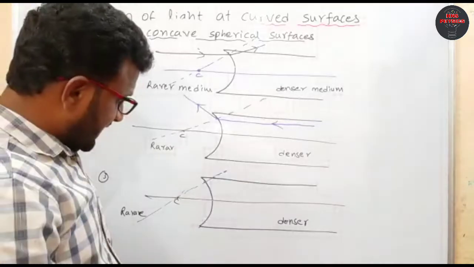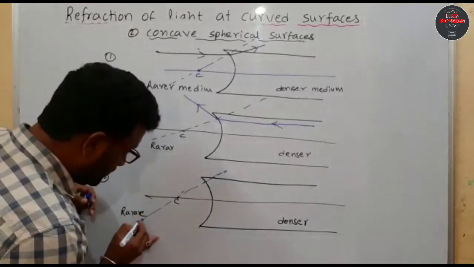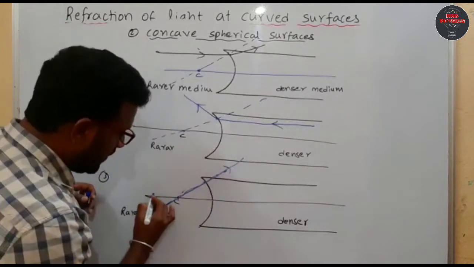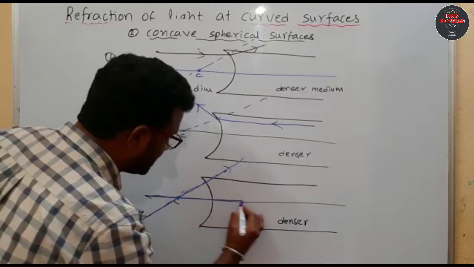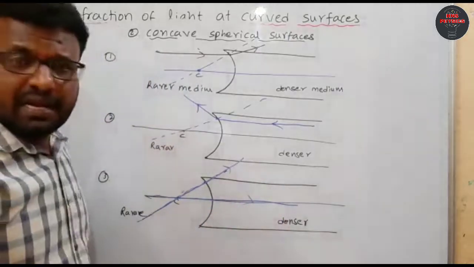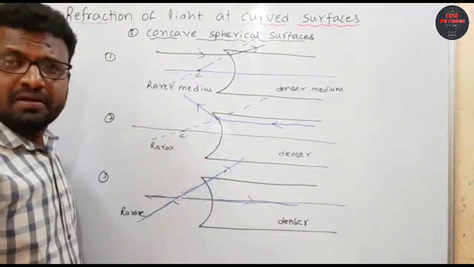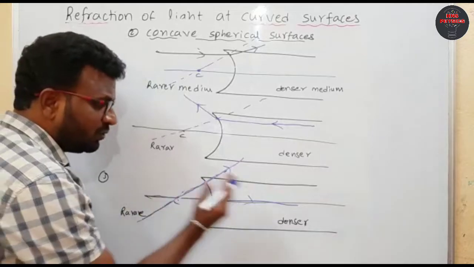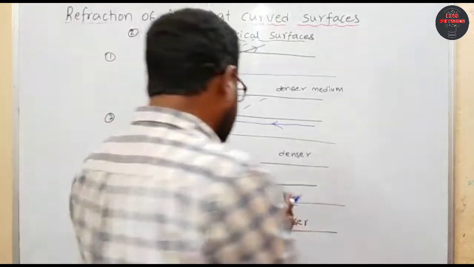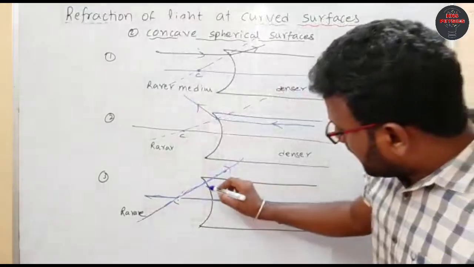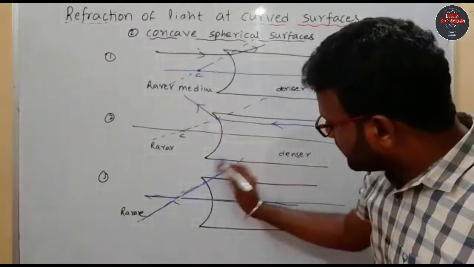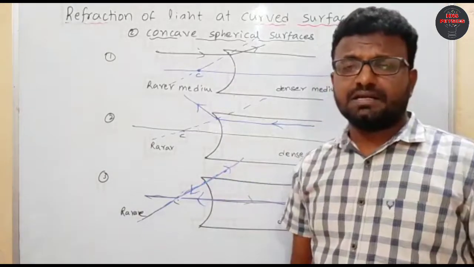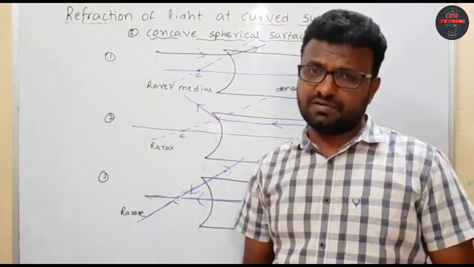Now in this case, when a ray of light travels through the center of curvature or along the principal axis, either from rarer medium to denser medium or denser medium to rarer medium, in these two cases the ray does not deviate from its actual path.